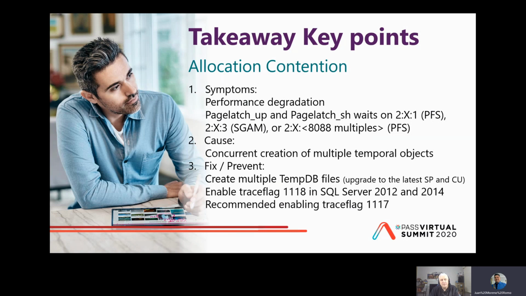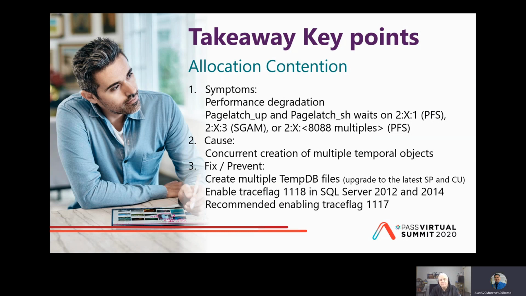What is the cause of this tempdb contention? It's when we have a lot of concurrent requests, the concurrent creation of multiple temporary objects. This is the cause of the problem.